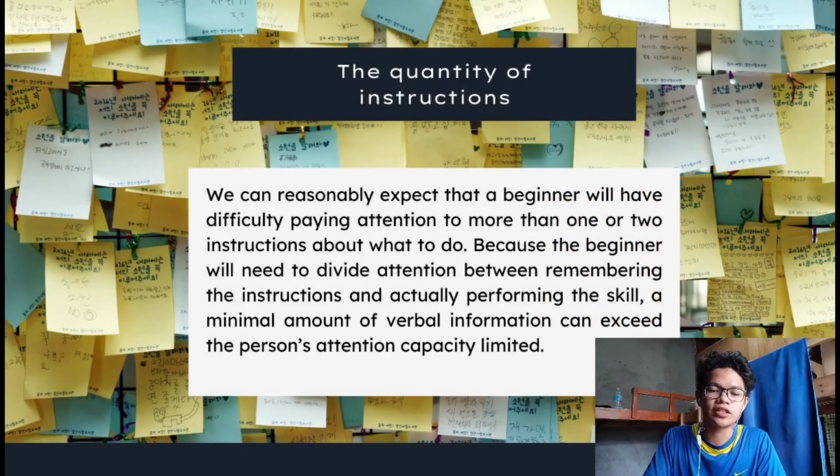The quantity of instructions: we can reasonably expect that a beginner will have difficulty paying attention to more than one or two instructions about what to do, because the beginner will need to divide attention between remembering the instructions and actually performing the skill. A minimal amount of verbal information can exceed the person's attention capacity limits. The instructor should be aware of other important attention-related considerations when giving verbal instructions.